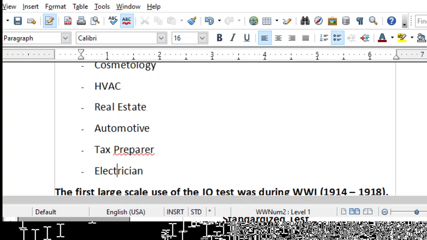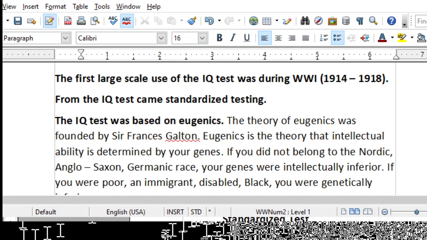All right, the first large-scale use of the IQ test was during World War I, between the years of 1914 through 1918. From the IQ test came standardized testing. If you wanted to go in the army, they had you take an IQ test to see if you were mentally fit to be a soldier.